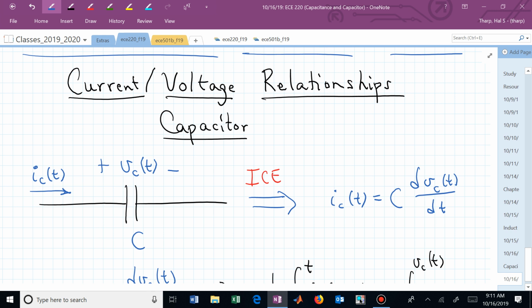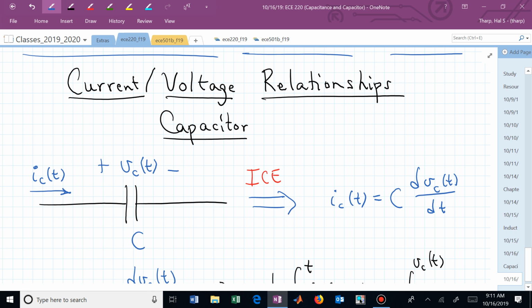obviously, through this class, through other classes, when you start talking about circuits that contain inductors and capacitors, you need to be able to recall the current voltage relationship. Just like Ohm's law for a resistor, now you have ELI and ICE for inductors and capacitors. I is equal to C dV/dt.